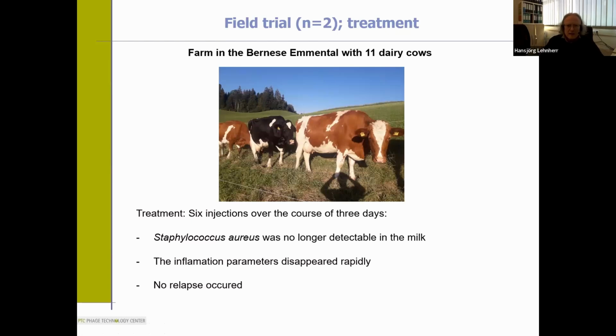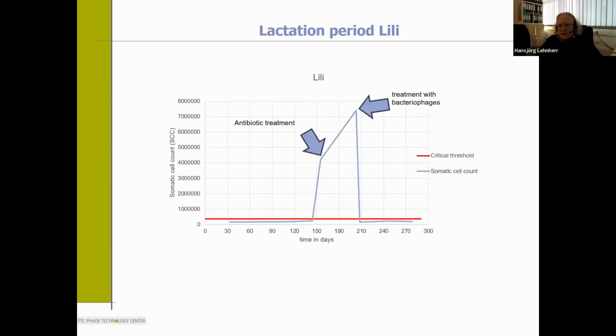Now, if we look at that in terms of somatic cell count, we see that Lily was absolutely fine for the first 150 days. Apparently then she got infected with Staphylococcus aureus. The somatic cell count increased rapidly to about 4 million, and the farmer immediately treated this cow with an antibiotic, kanamycin.